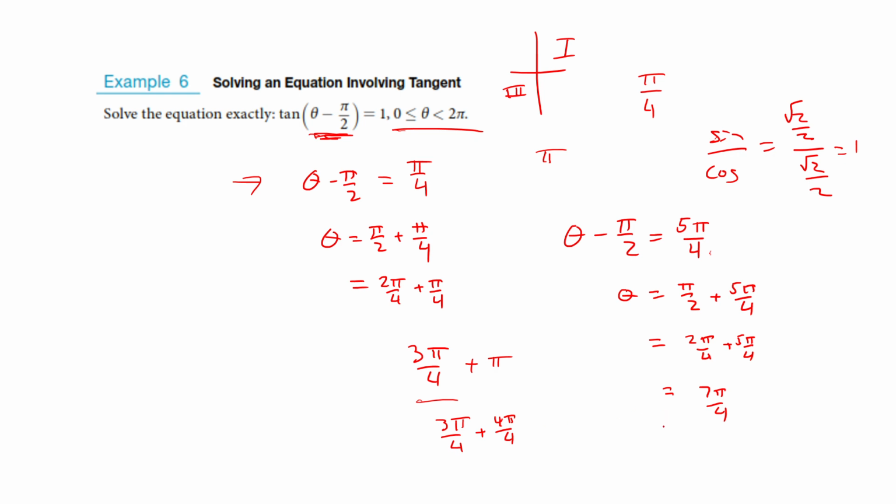You could have got the second answer this way too. Just because tangent has a period of pi, we could have gotten the quadrant 3 answer doing it like this. Anyway, I don't want to lose you there and make this more confusing. It's probably easier to think of it that we had two possibilities off our unit circle where tangent was 1, and then we just had to swing the pi over 2 to the other side.